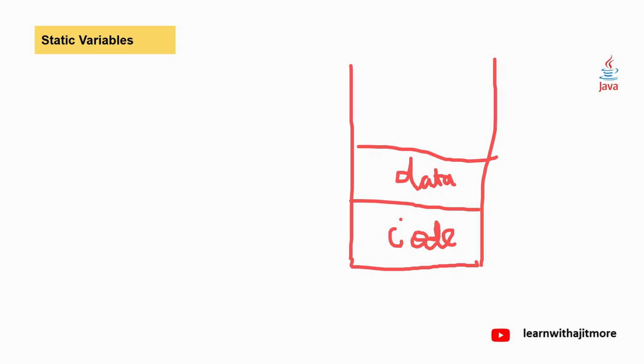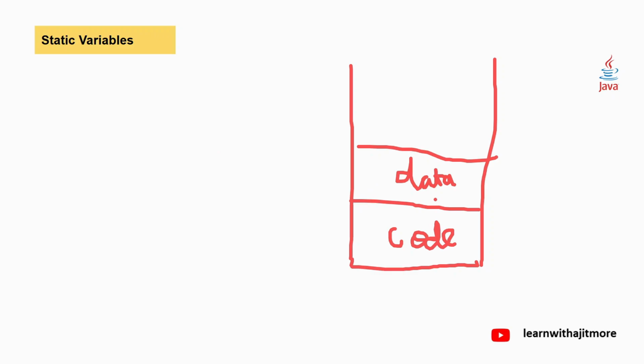Along with the code means the same thing: where the code is over, immediately after that, the memory for the statics is there. So when the code is loaded, along with the code, statics get space.